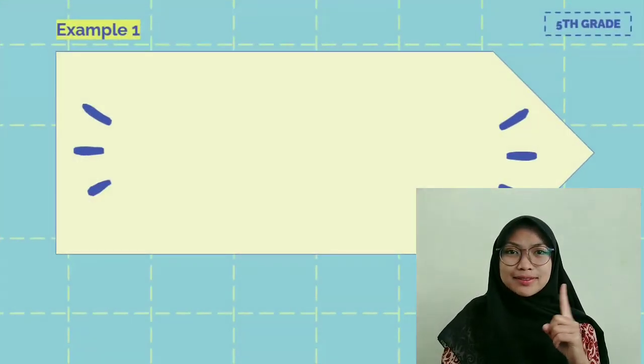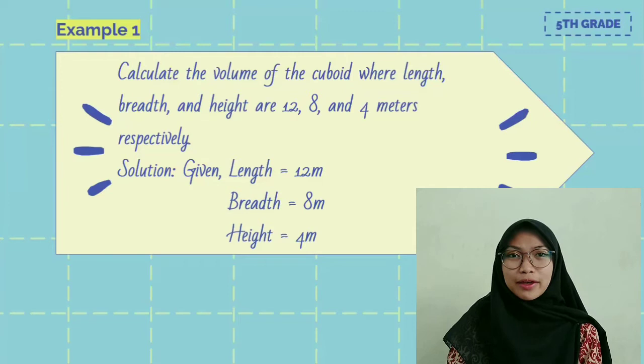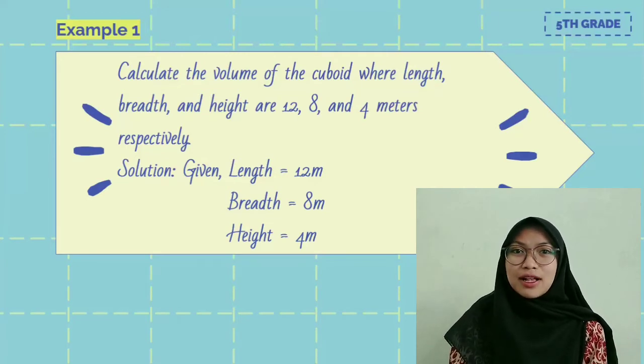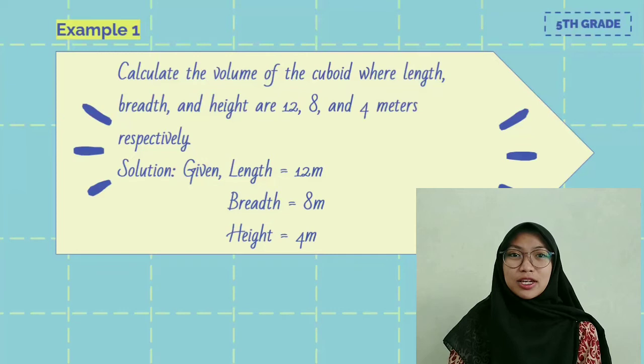Example 1. Calculate the volume of the cuboid where length, breadth, and height are 12, 8, and 4 meters respectively. The solution: given length equals 12 meters, breadth equals 8 meters, height equals 4 meters.